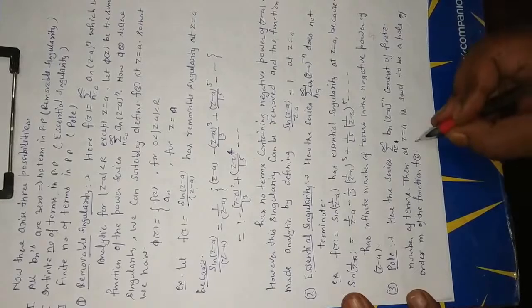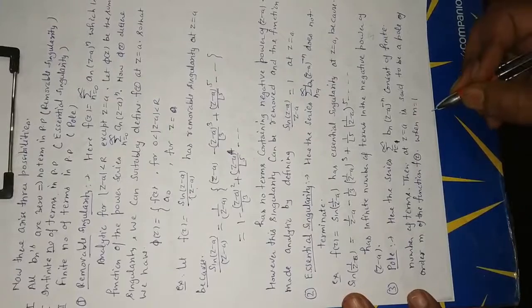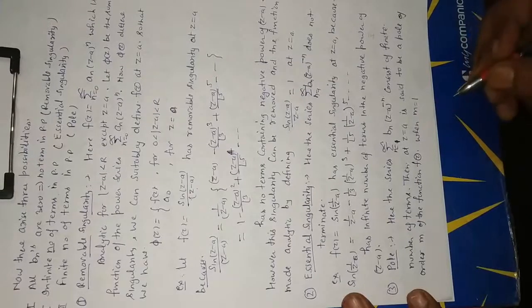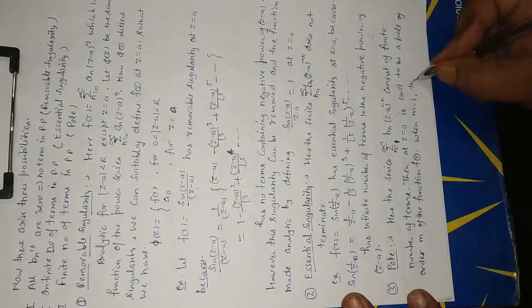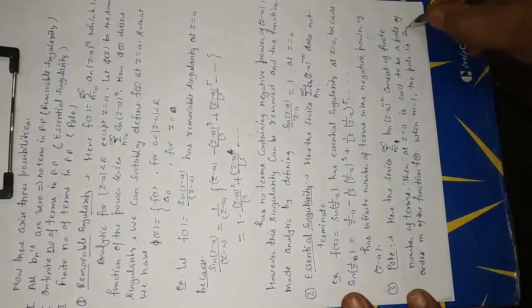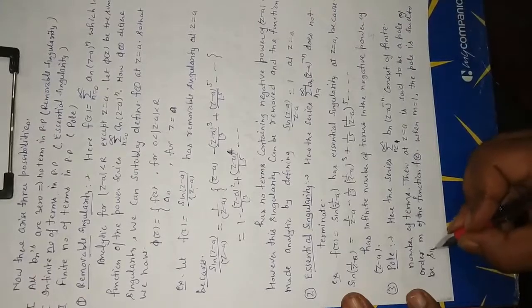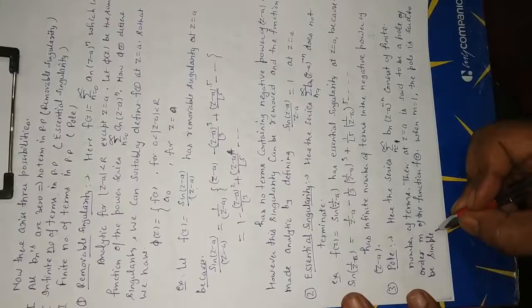When m is equal to 1, the pole is said to be simple.